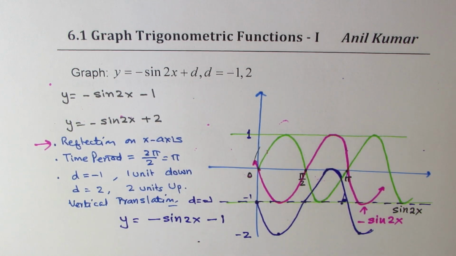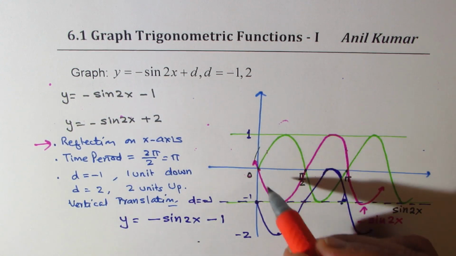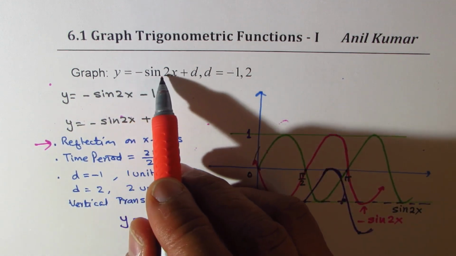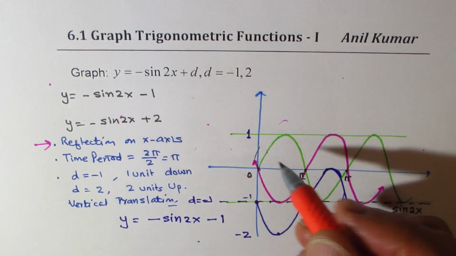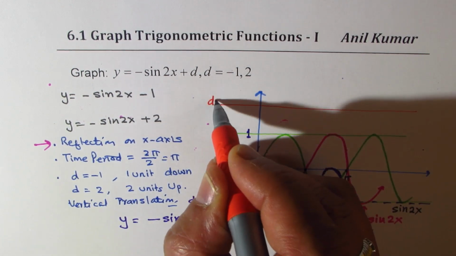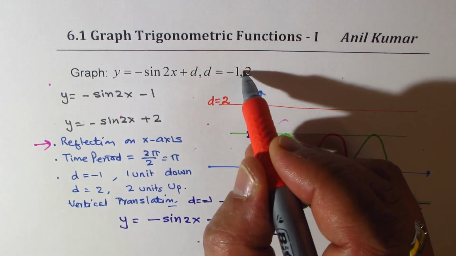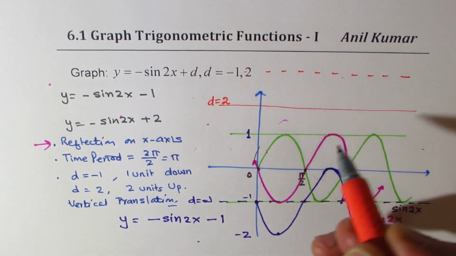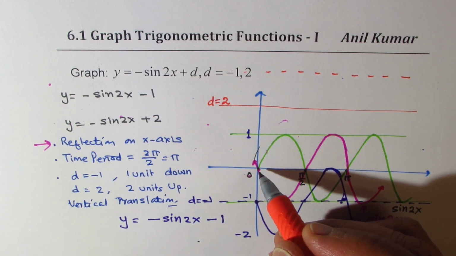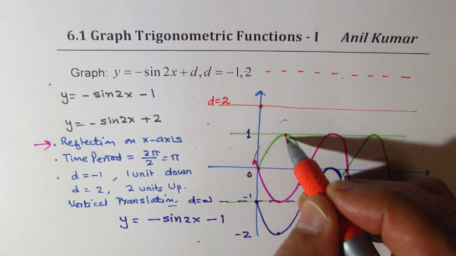However, if we use the value of d as plus 2, in that case, this pink graph, which is of minus sine 2x, shifts 2 units up. So the axis will be here at d equals to 2. Since the amplitude is 1, the maximum will be somewhere here, minimum 1 unit down. So the graph will start from here, go to this place, correct?